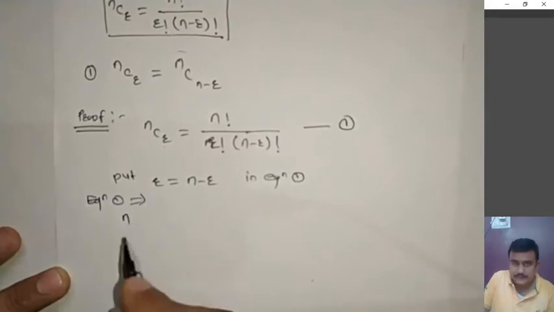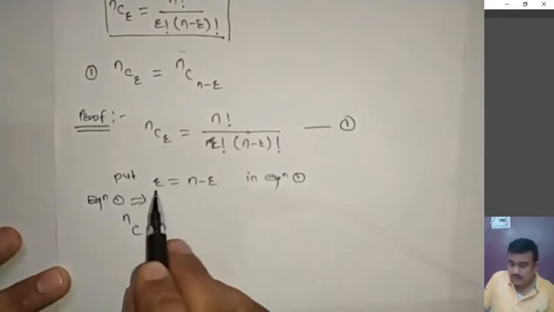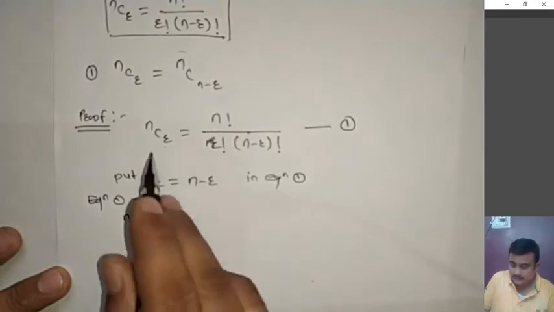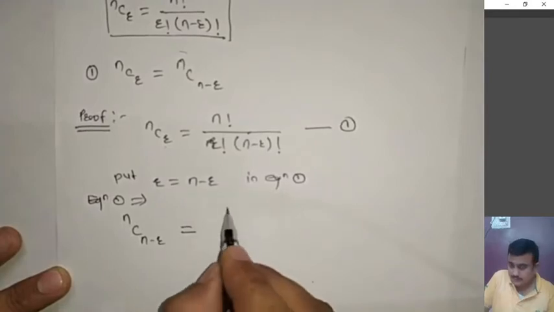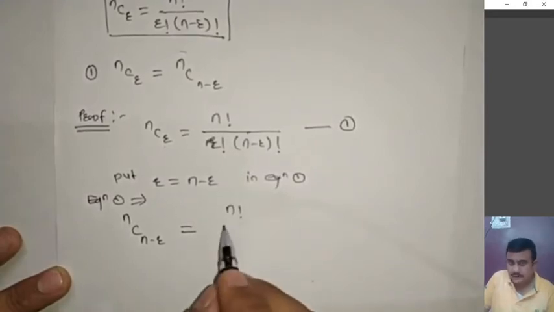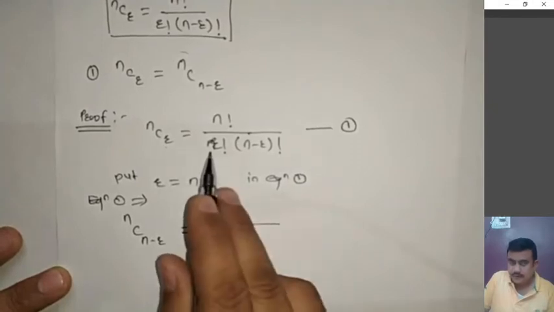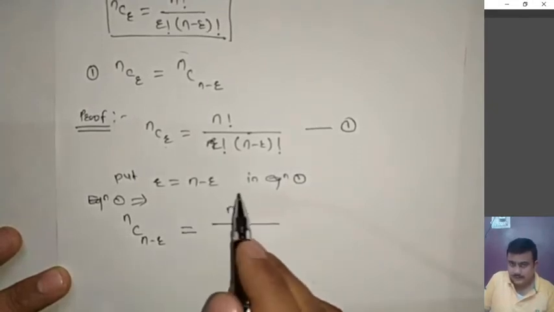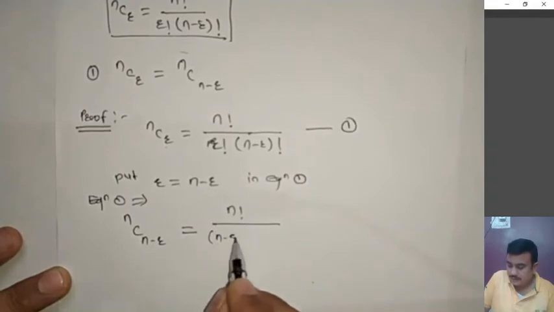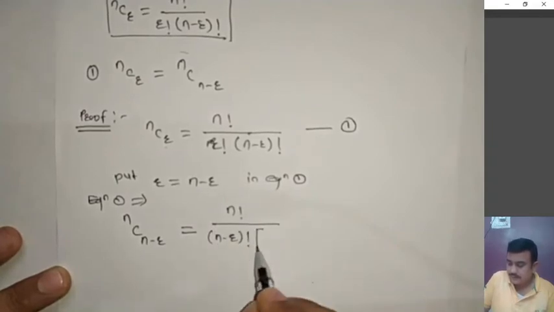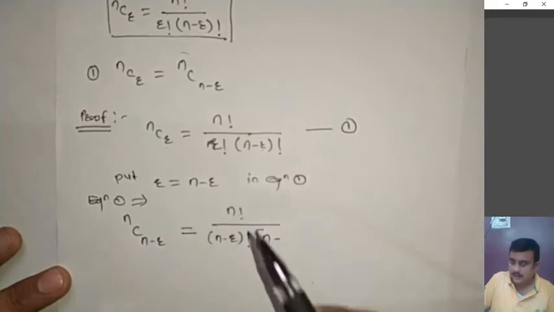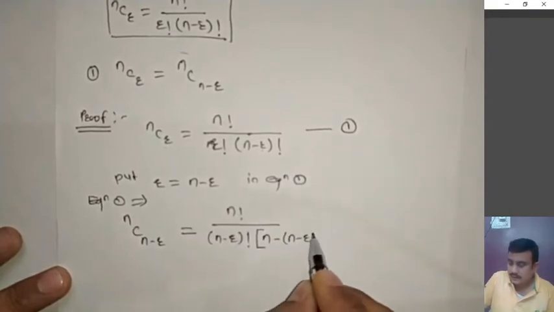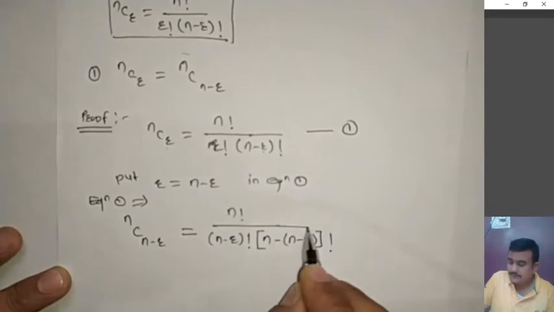equation 1 implies nC(n minus r) equals n factorial divided by the value of r, which is n minus r, so (n minus r) factorial, times (n minus (n minus r)) factorial.